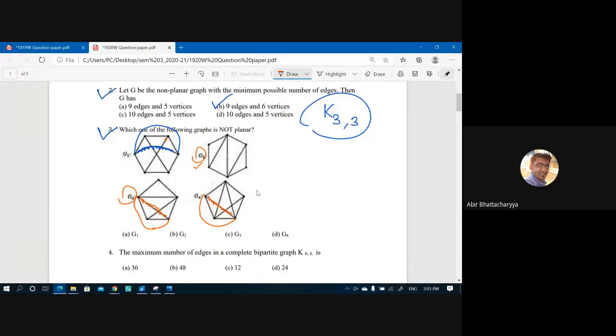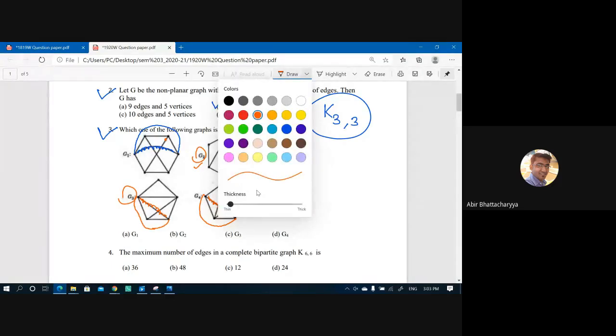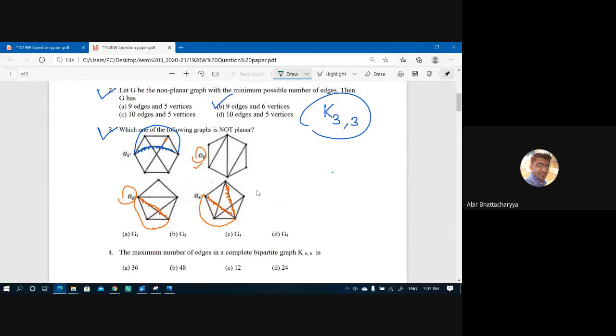We can join this edge from here to here, or you may say, color it a different color. So we can redraw this edge from outside, and this redraw is possible. So G4 is also planar.